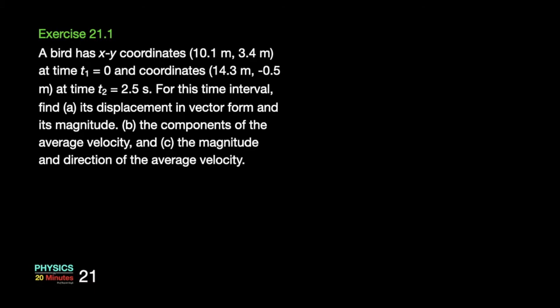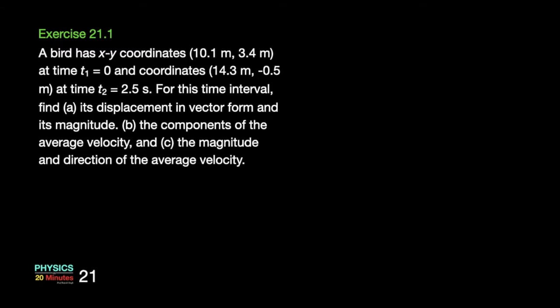So let's check an exercise to understand the concepts we have learnt so far. A bird has xy coordinates 10.1 meter, 3.4 meter at time t1 equal to 0 and coordinates 14.3 meter and minus 0.5 meter at time t2, which is equal to 2.5 second.